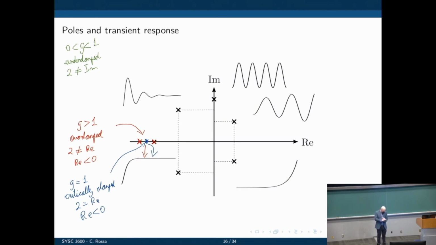The real part is still smaller than 0. So we are here and here. And this will result in a sinusoidal times an exponential. Right? The exponential comes from the real part. The sinusoidal comes from the imaginary part. So long as the real part is negative, the exponentials decay and the system settles.